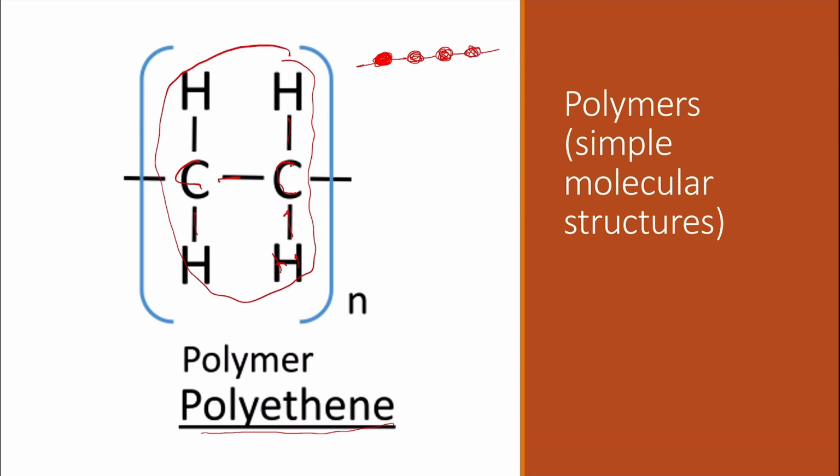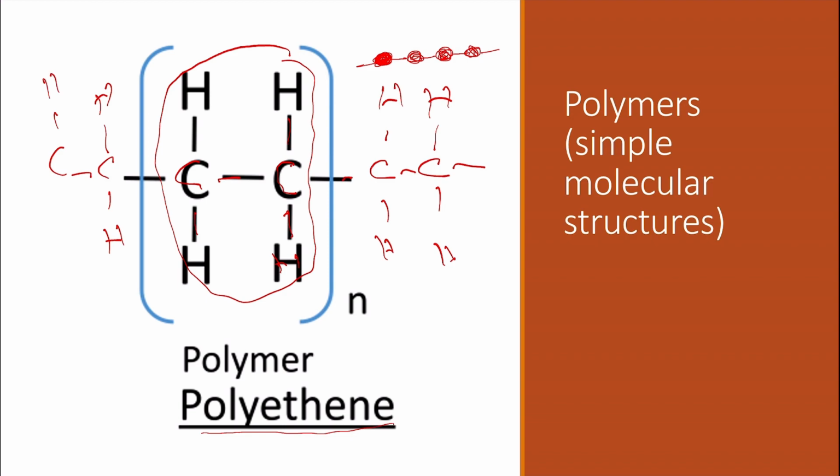So we cannot keep writing or drawing this unit, instead of keep drawing it like that and so on both sides. To simplify and make it easier to draw the polymer, we only draw one of the repeated units, as you can see, and we put it between brackets and put the letter n, which refers to the number of repeated units.